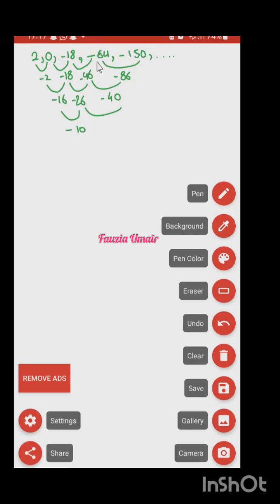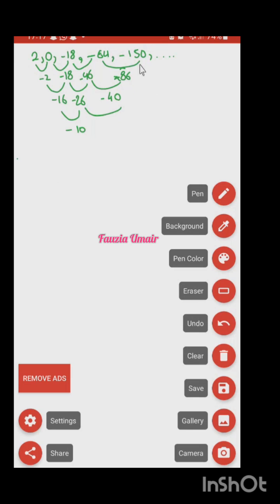Minus 64 minus minus 150, so 64 plus 18? Miss, we made a mistake in the second difference. Minus 64 plus 150, so it's plus 86. Why?